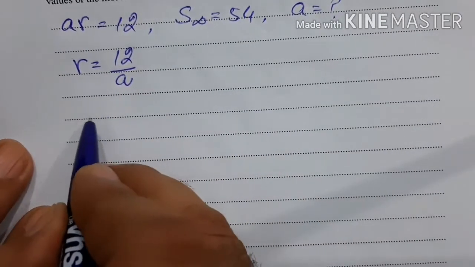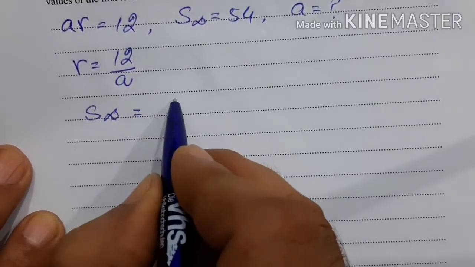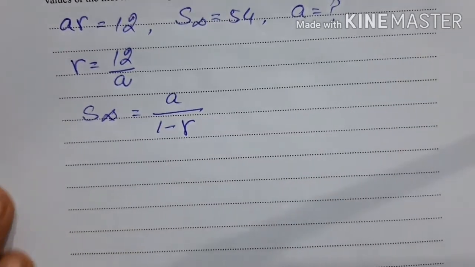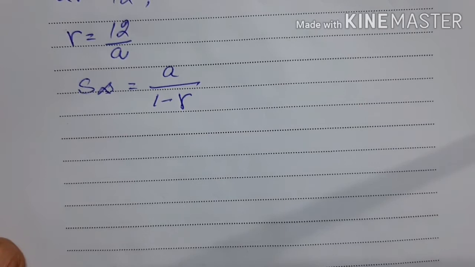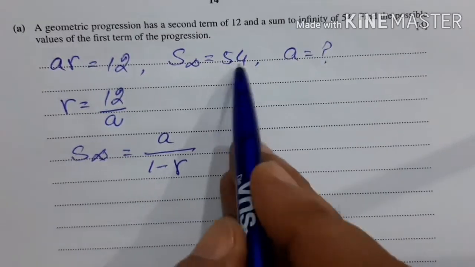Now we know that S infinity is actually A over 1 minus R. This is the formula for the sum to infinity. It is already given, which is 54.